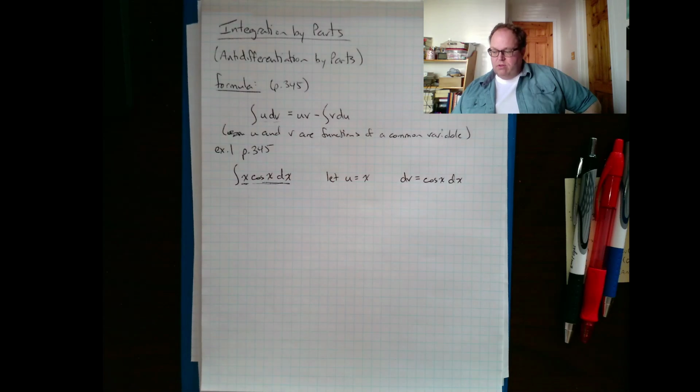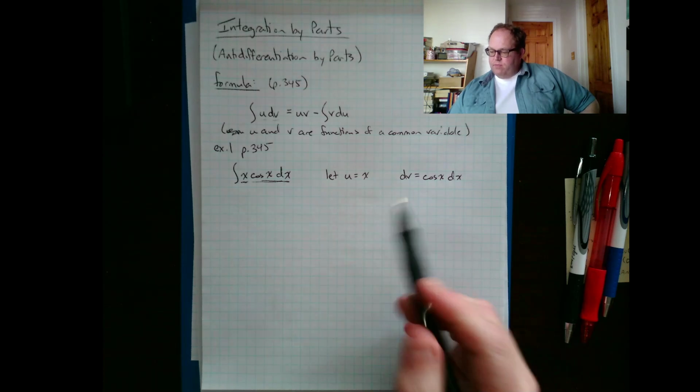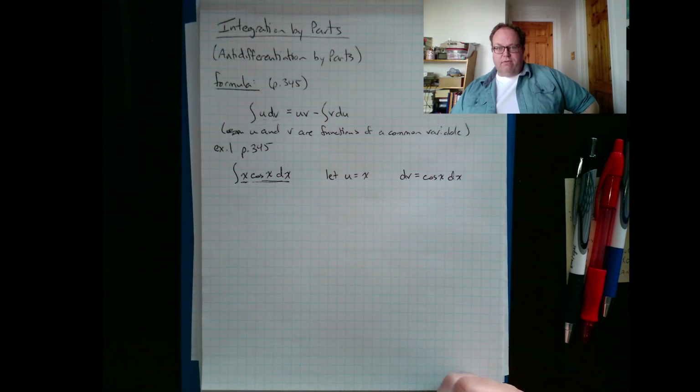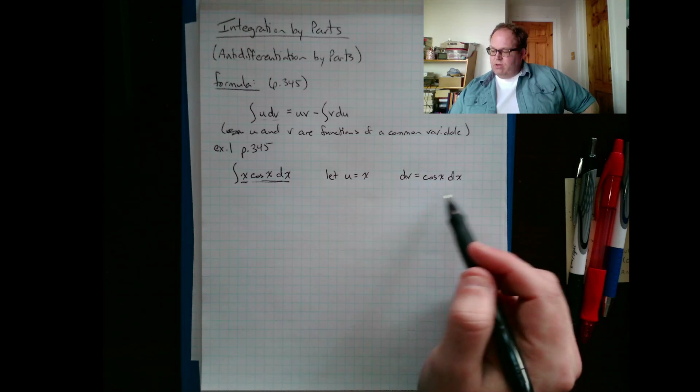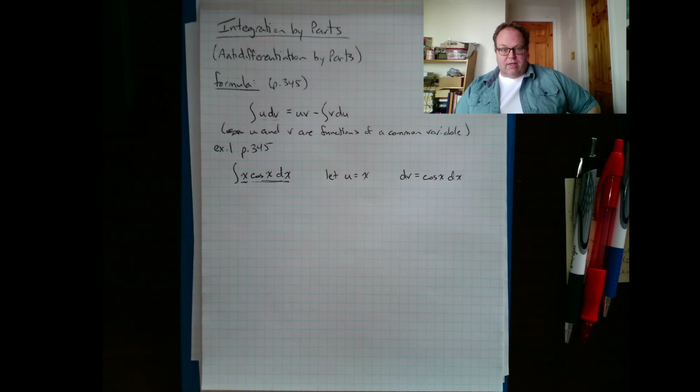Often how we will choose to do this, although there's no hard and fast rule for this, is that u will often be something that we can nicely take a derivative of and make life a little bit simpler, whereas dv will try to stick with something whose antiderivative doesn't overly complicate things.